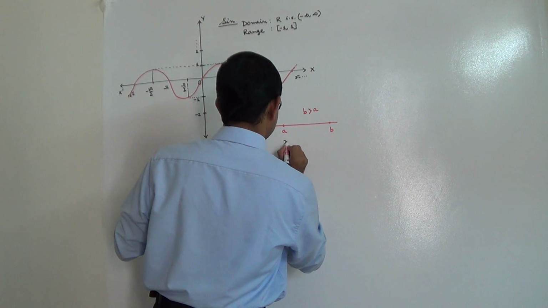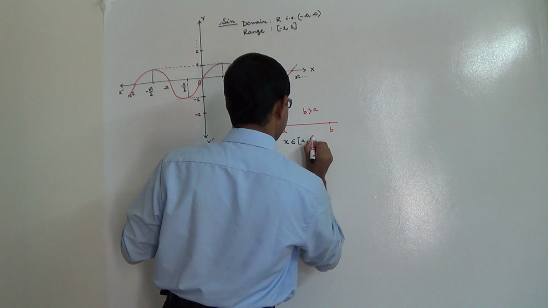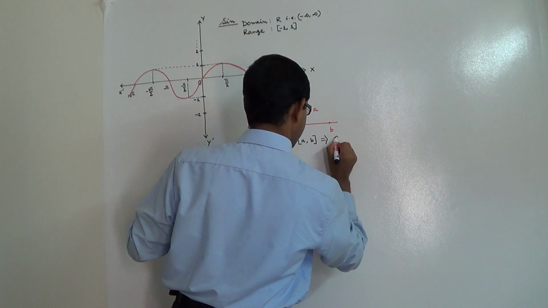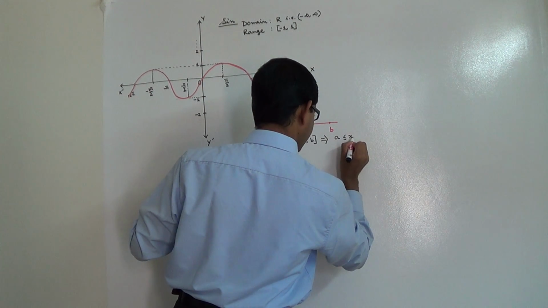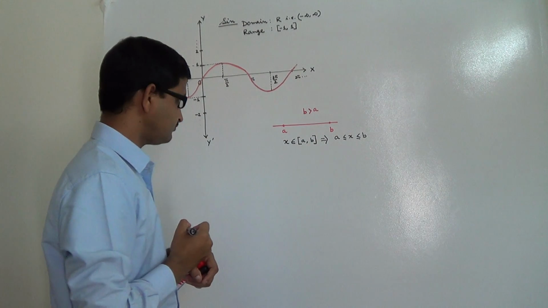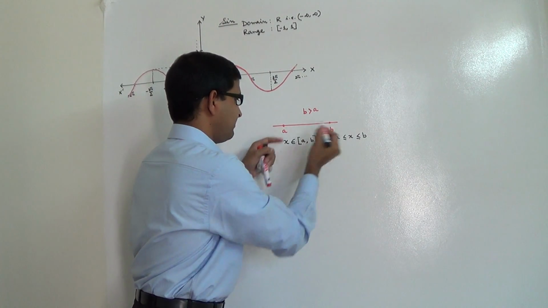So X belongs to the closed interval, denoted by the square bracket, implies that A less than equal to X less than equal to B. So including the values A and B.